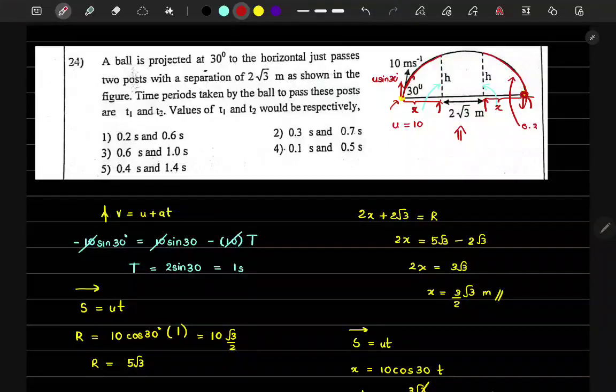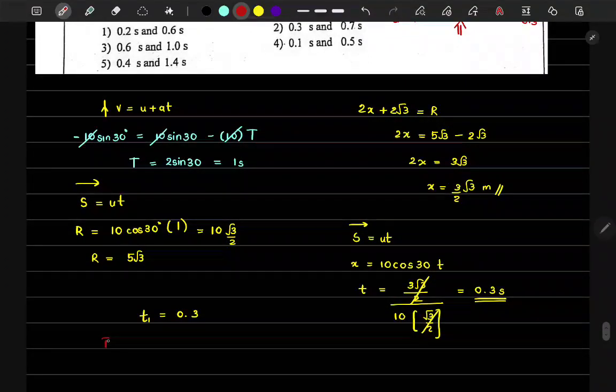If so, the time taken for the ball to reach the second post, or T2, is equal to T minus 0.3 seconds.